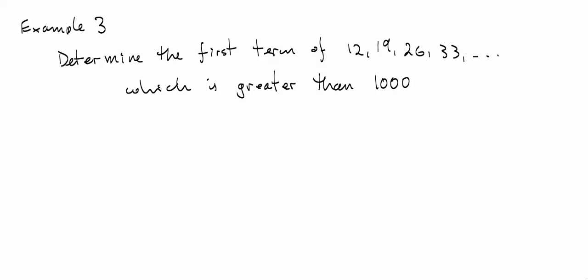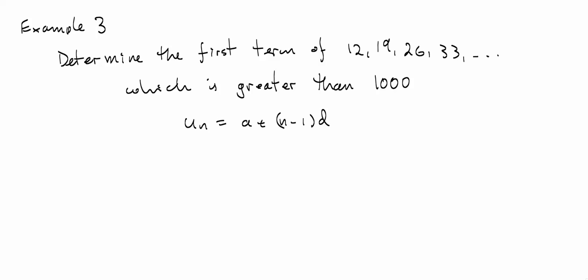The third example is this one. Determine the first term of 12, 19, 26, 33, and so on, which is greater than 1,000. So we often get questions which involve inequalities. We want to know here, if we continue this sequence, which is the first one which is greater than 1,000. So using the formula again, u_n is a plus n minus 1 times d.